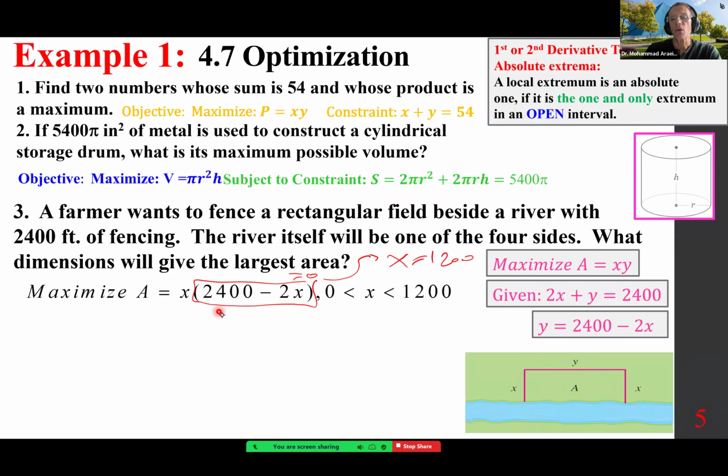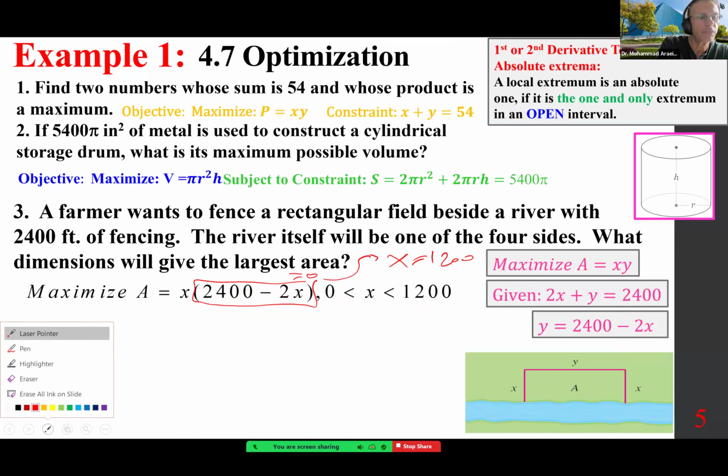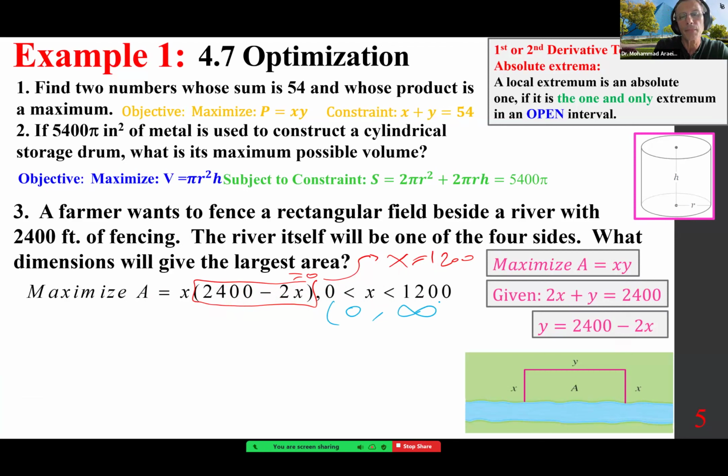In other words, y, which is 2400 minus 2x, becomes 0 if x becomes 1200, so there is no area. And of course, if you choose x larger than 1200, then y becomes negative and the area becomes negative. That's why your domain is the open interval from 0 to 1200.